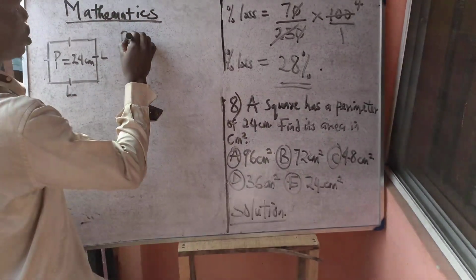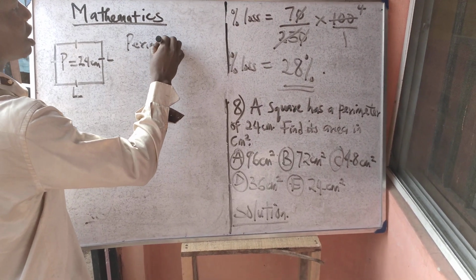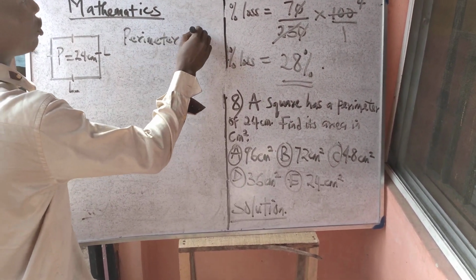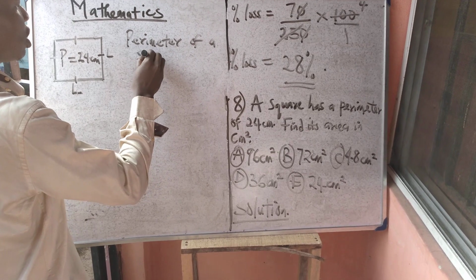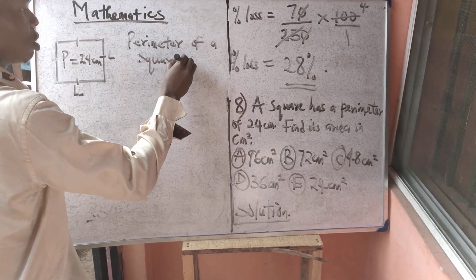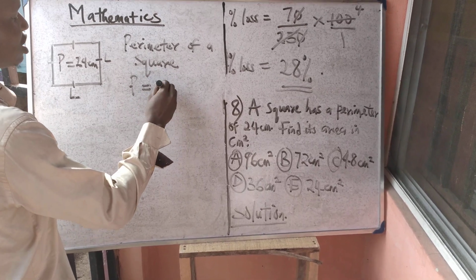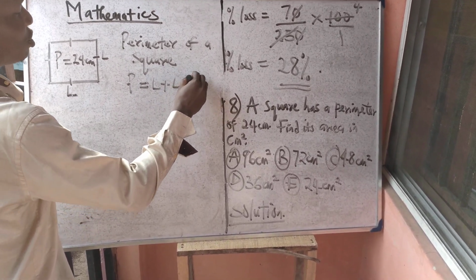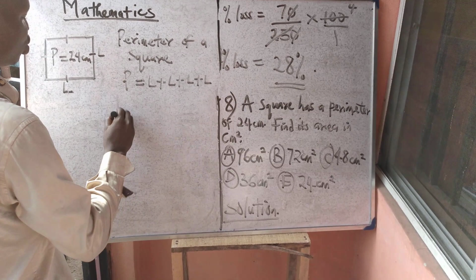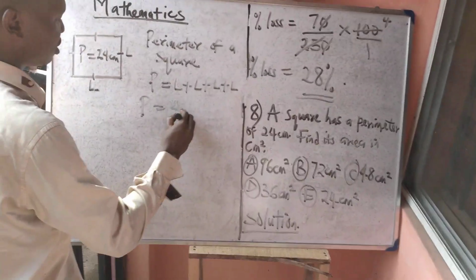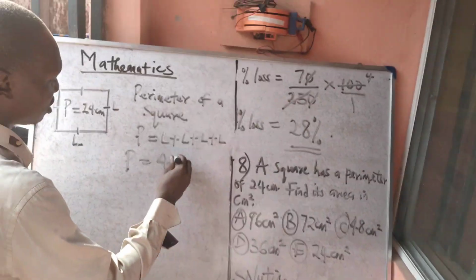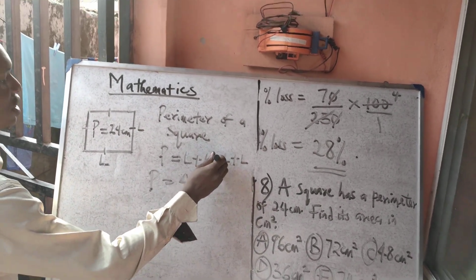The perimeter of a square, P, is equal to length plus length plus length plus length. So the perimeter is equal to 4L.